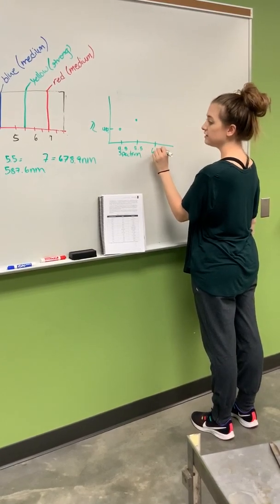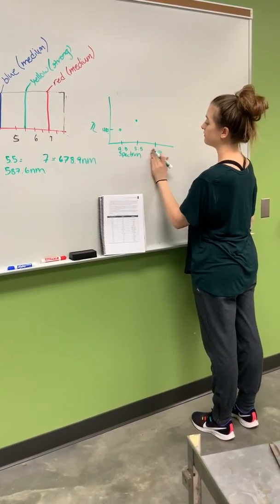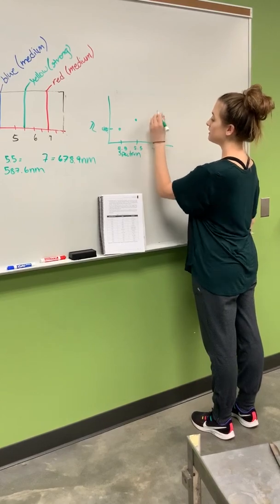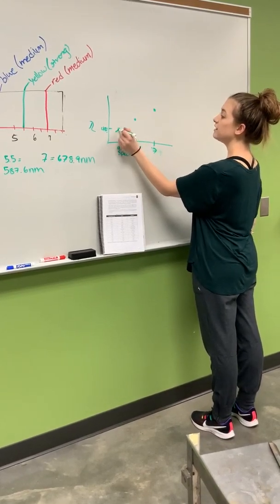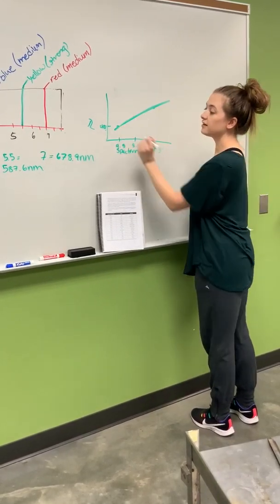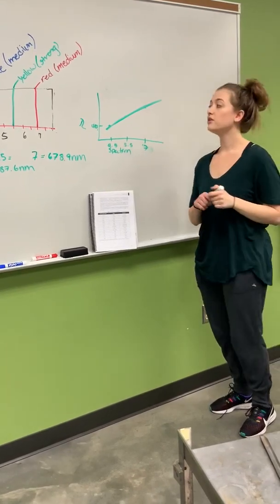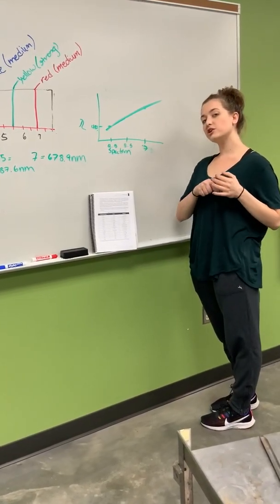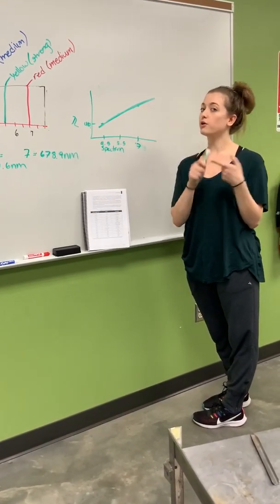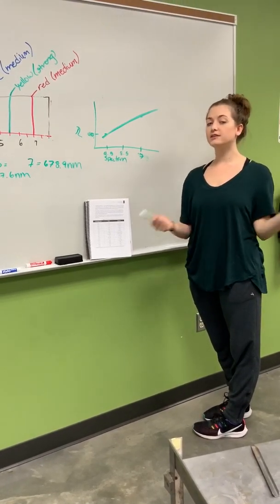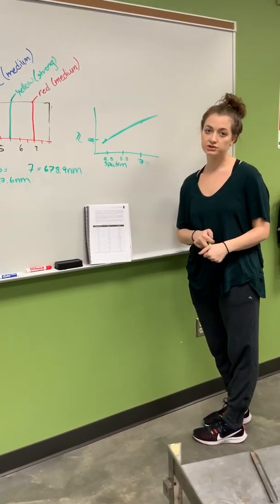And we have 7, and that would go up to 678 here. That creates our calibration curve. When you make your calibration curve, make sure you're adding in things like your equation of the line and your R-squared value, because that's what you will use to answer subsequent questions.